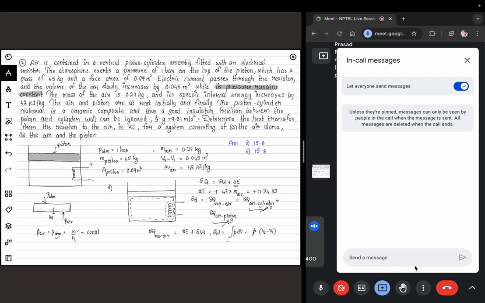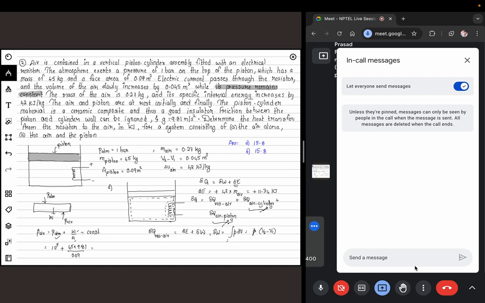So what is my pressure? Pressure is given by this particular equation. My initial atmospheric pressure can be considered to be 1 bar, so I'm just converting everything into pascals, plus the weight, which is m times g, so mass times 9.81, divided by the face area. Face area is provided to be 0.09.